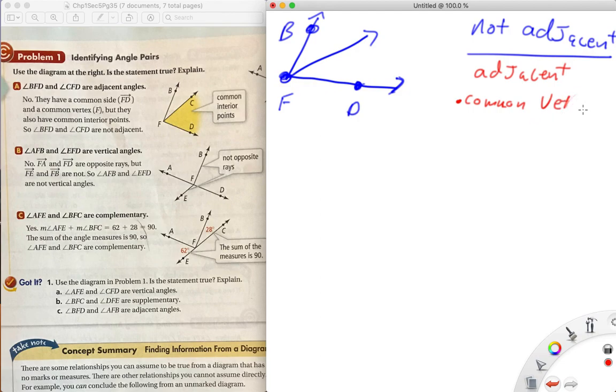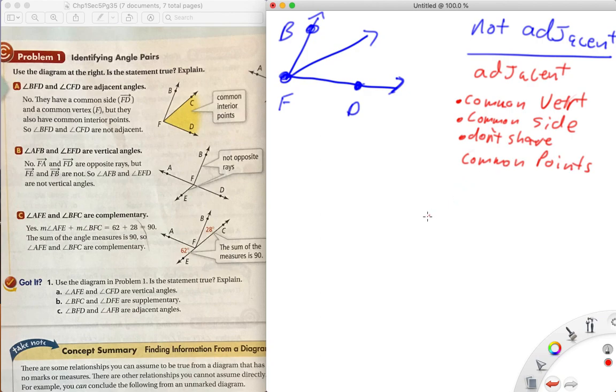Common vertex, common side, and the third is that they don't share any common points. Those are the three conditions.